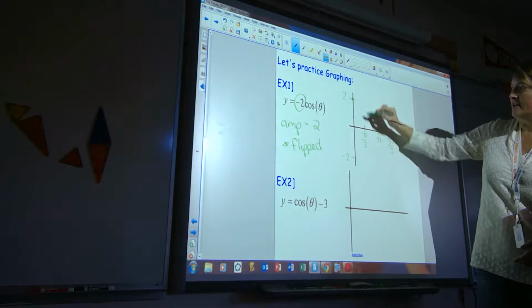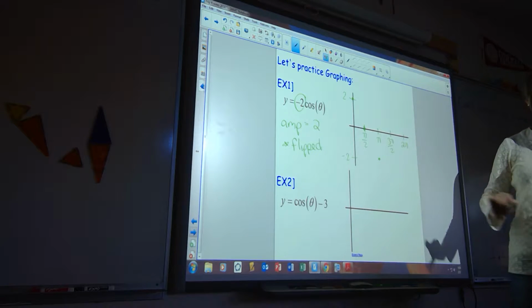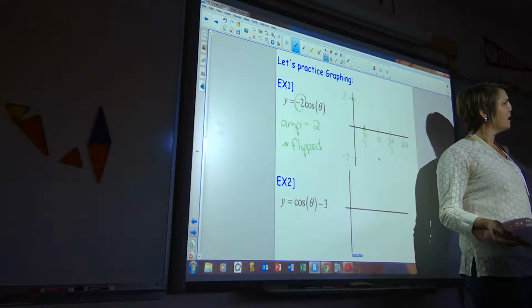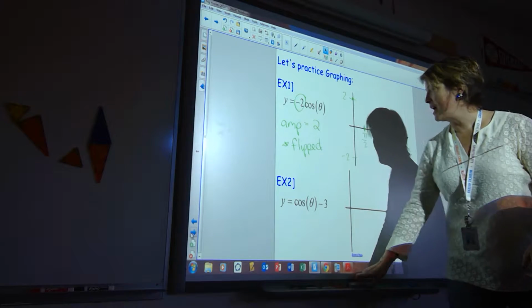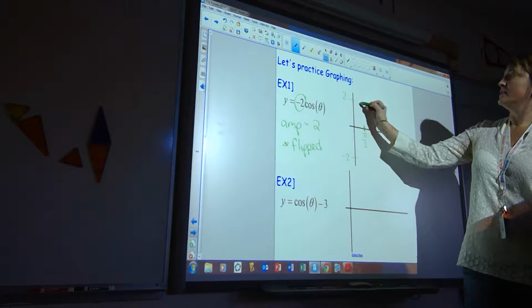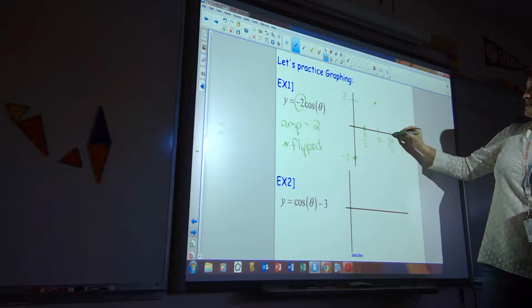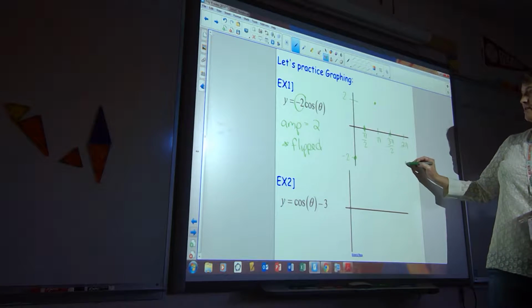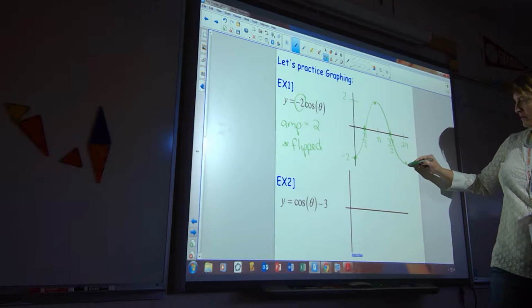But it starts high, goes through 0, goes low. Oh, wait, is it going to start high? Ah, because this got flipped. So we're actually not going to start up at the top. We are going to start down here, go to 0, go to the max, come back to 0, and go to the min. So this one will look like that.